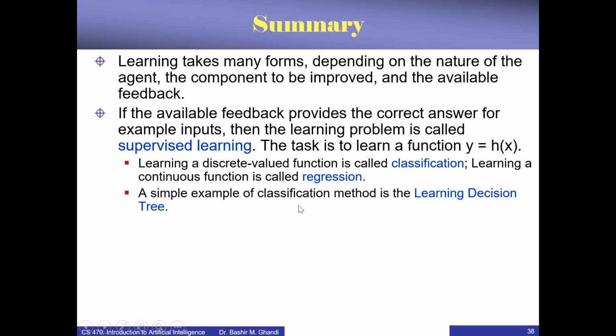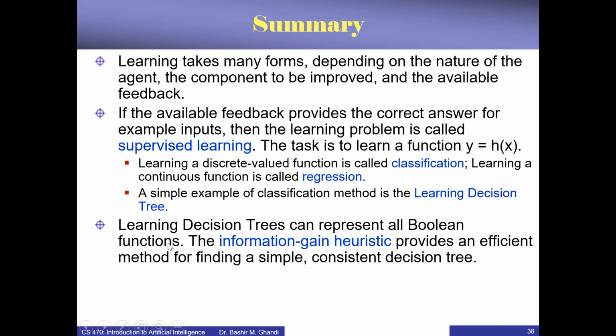And a simple example of a classification method is the learning decision tree, which we have learned in this lecture. And we learned that decision trees can represent all Boolean functions, so they are very expressive. However, they can be expensive at the same time.